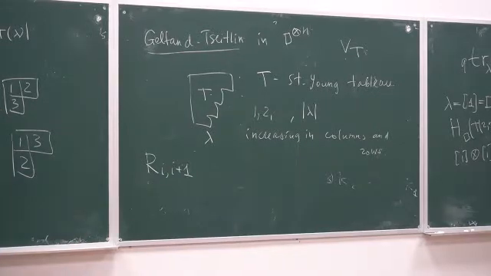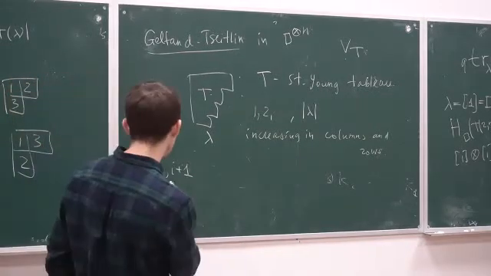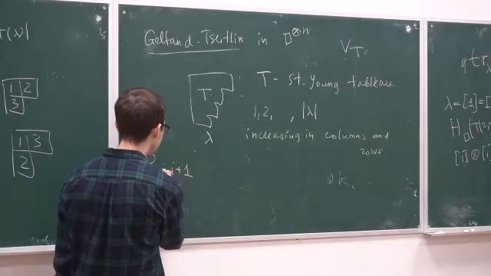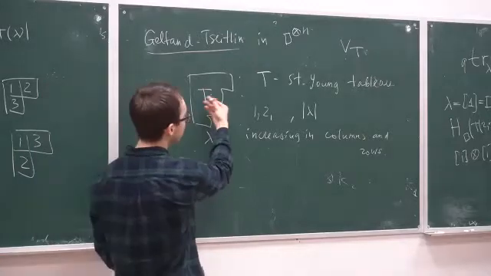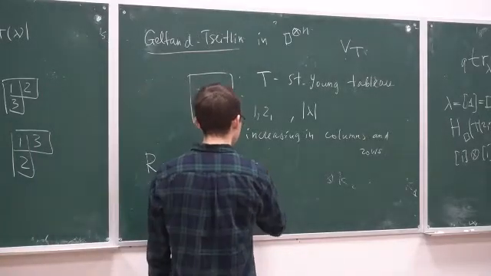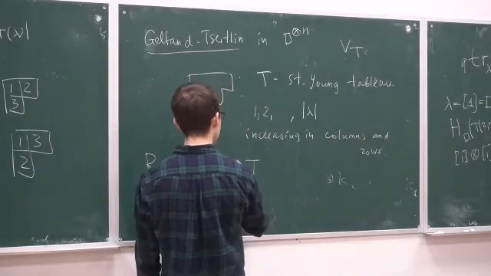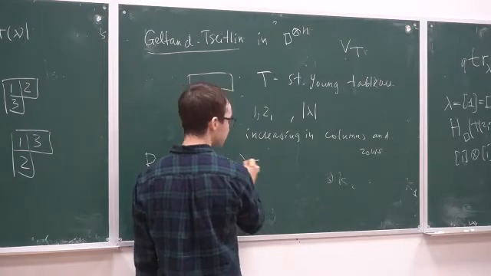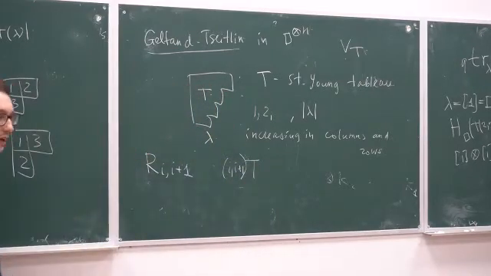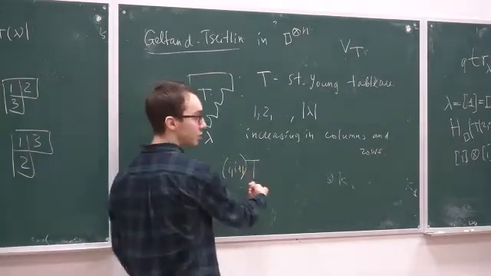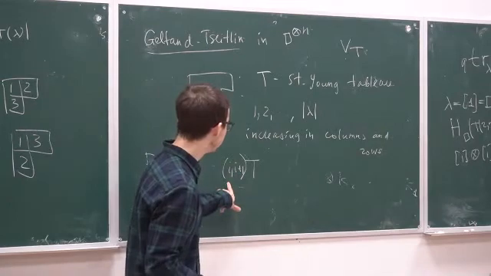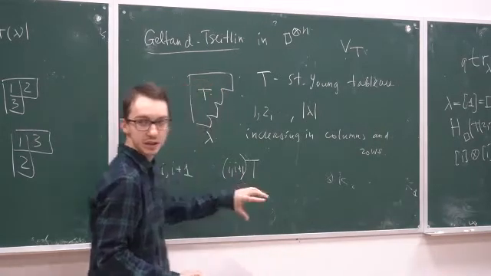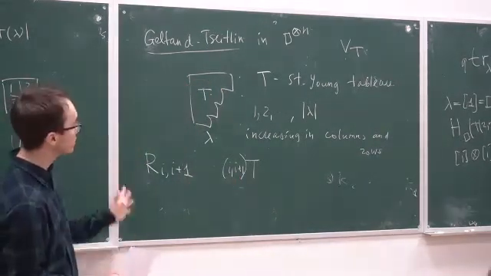They satisfy the braid Artin relations. This has to do with permutation of the numbers i and i+1 in the Young tableau. So we can take T and apply the permutation s_i to the tableau. And this may or may not be a Young tableau. It may happen that if we apply this permutation to T, the order is not increasing in columns or in rows.